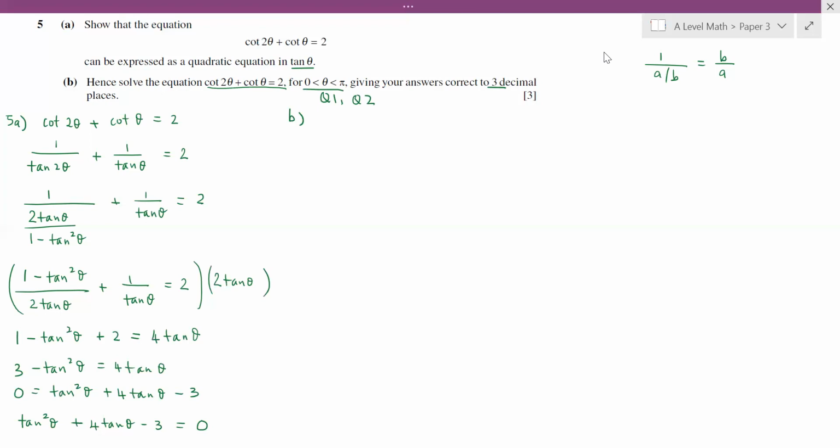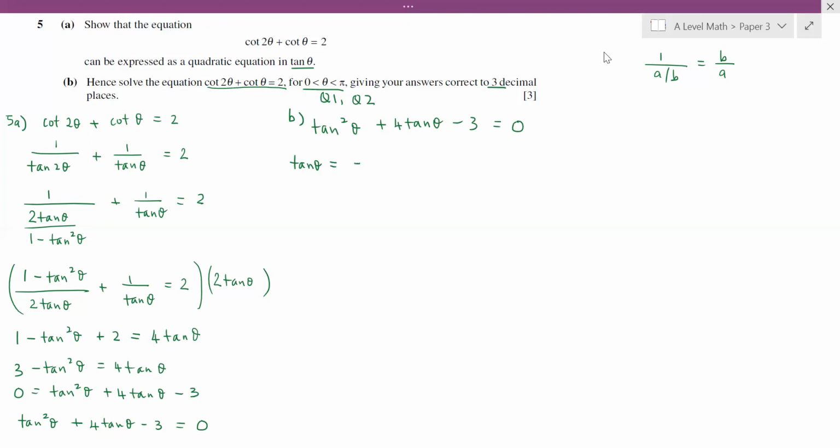Since part A can be written in terms of tangent, we have tangent squared theta plus 4 tangent theta minus 3 equals 0. This quadratic unfortunately cannot be factored. If it cannot be factored, we can always use the quadratic formula.